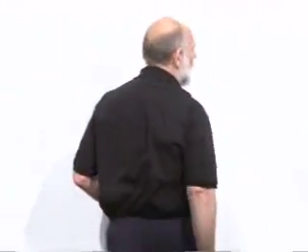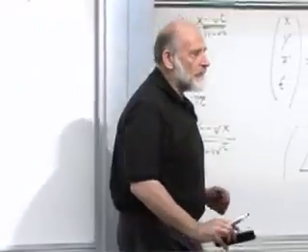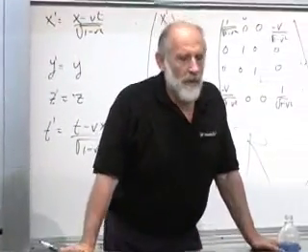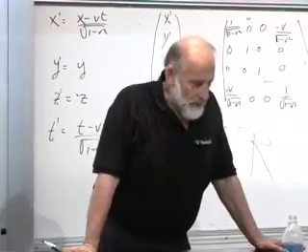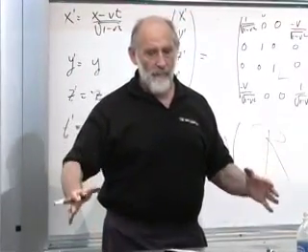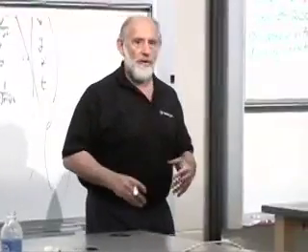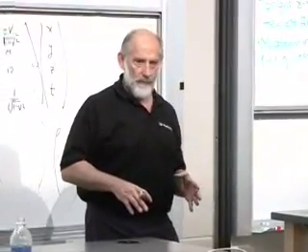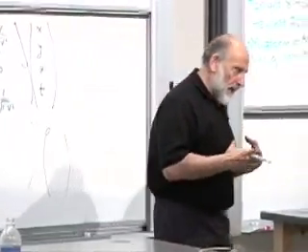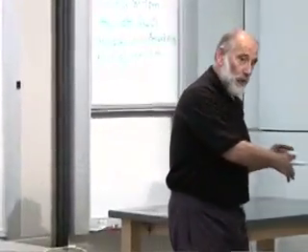What I want to work out using matrix multiplication is the compounding of velocities. If I am moving relative to you with velocity v, and there's a third observer who is moving relative to me with velocity u, okay? V, that's me relative to you. U, that's him relative to me. Got that?